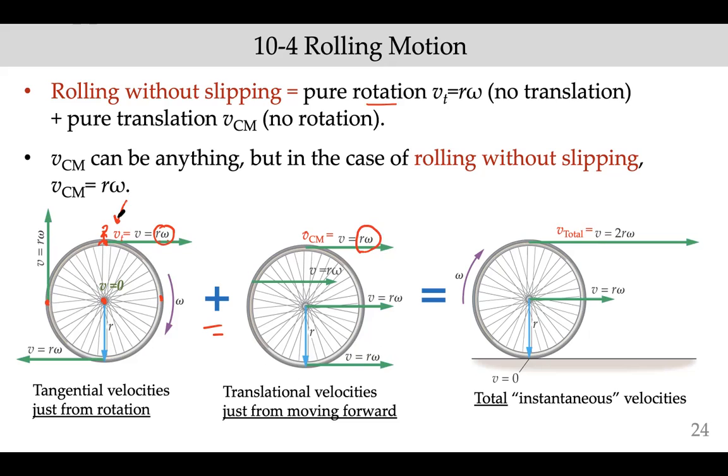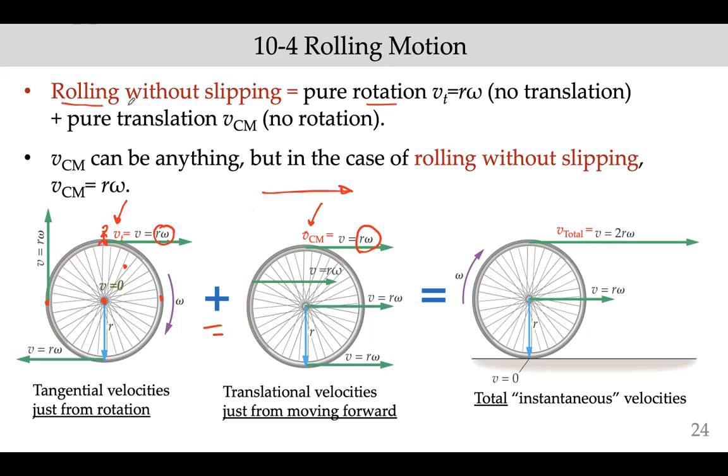V tangential and VCM are different concepts. Tangential velocity is the velocity of any point at a distance from the center, and it's coming from the rotation. But center of mass motion is the motion in the forward direction. So it's the translational motion.